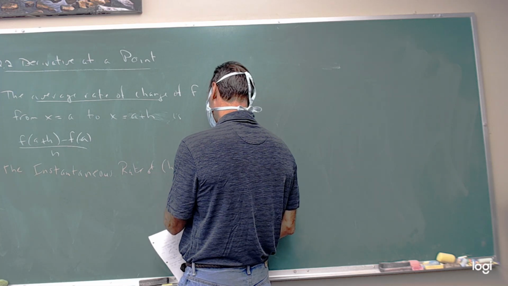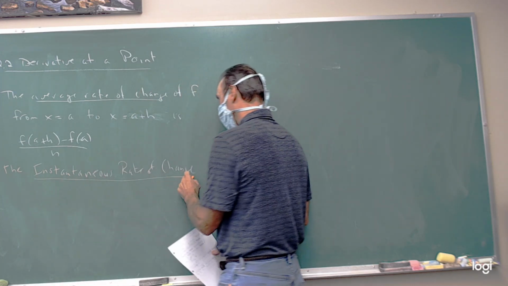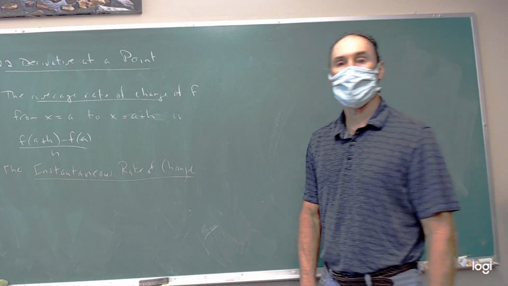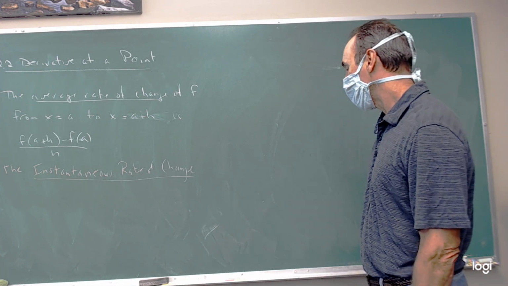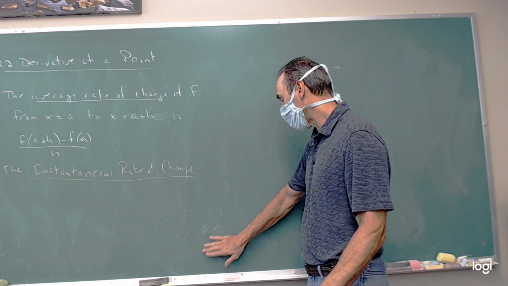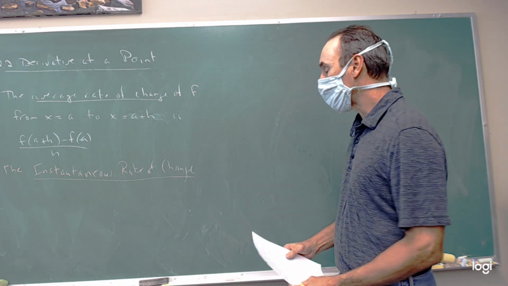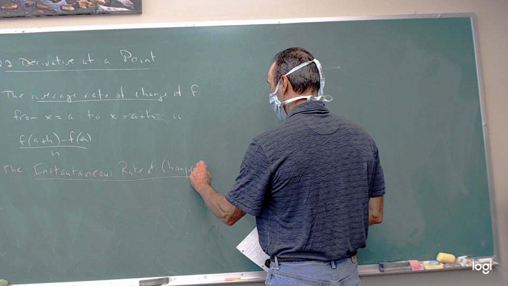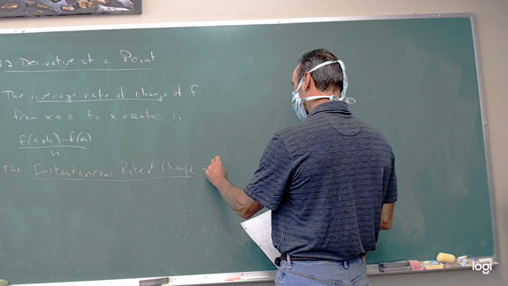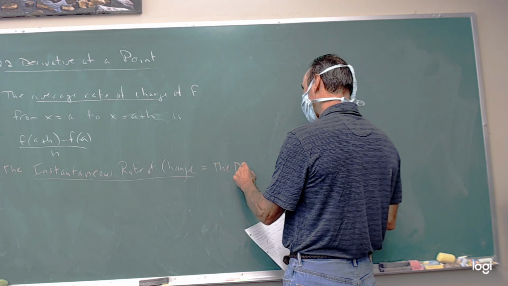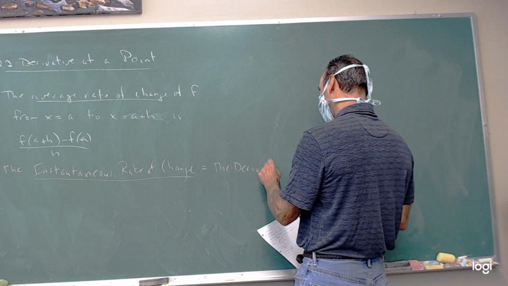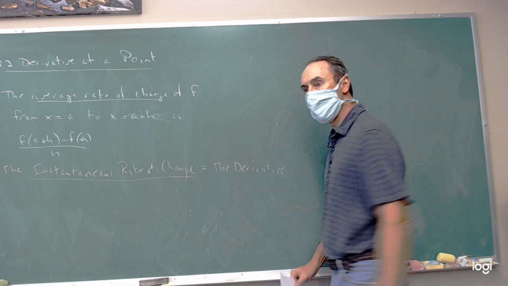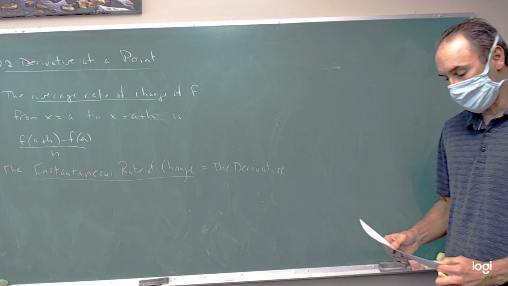This is one of the big problems that Newton and Leibniz were wrestling with that previous brilliant mathematicians couldn't resolve, but Newton and Leibniz figured out in the 1600s. The instantaneous rate of change, which is the same thing as what we are going to call the derivative, one of the two big ideas in calculus.